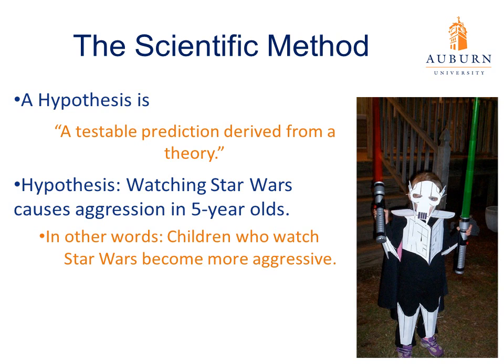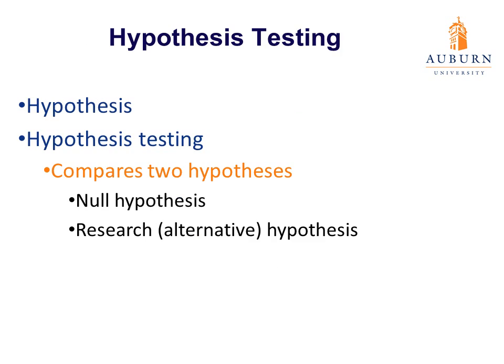Notice it's not a question, it's a predictive statement. In other words, children who watch Star Wars become more aggressive. So I had a theory, observational learning, and I generated my hypothesis from a research question: is my daughter becoming more aggressive because she's watching Star Wars? I turn that into a hypothesis: watching Star Wars causes aggression in 5-year-olds, a predictive statement.